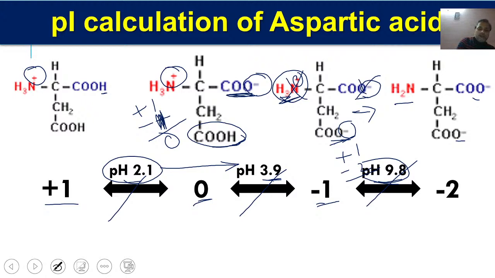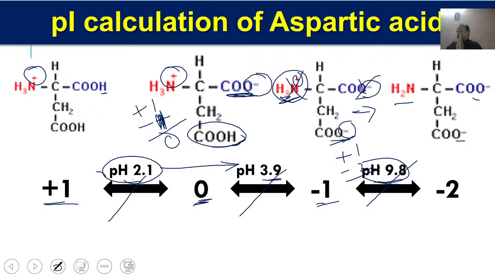So at any pH which is less than 2.1, it will have one positive charge. This is the arrangement. Yes, perfect.